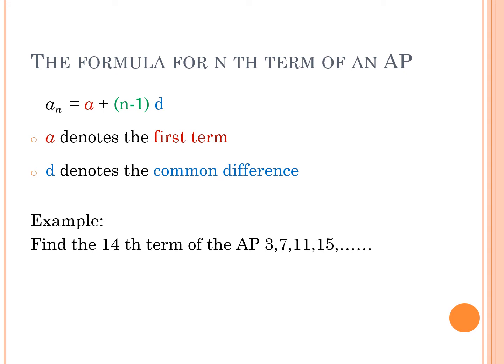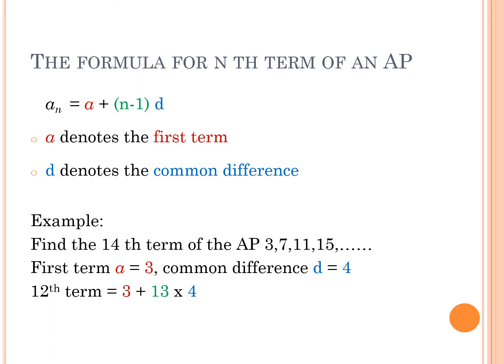So, this is an AP with common difference 4 and first term equal to 3. So the value of a equals 3 and d equals 4.